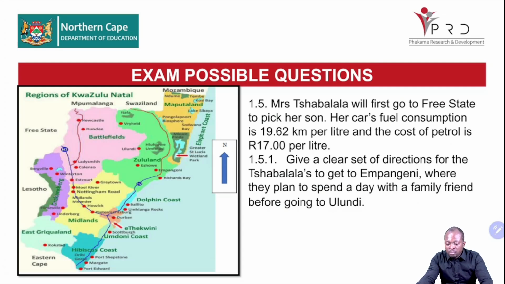1.5. Mrs. Chabalala will first go to Free State to pick her son. Her car's fuel consumption is 19.62 kilometers per liter, and the cost of petrol is 17 rand per liter. 1.5.1. Give a clear set of directions for the Chabalalas to go to Empangeni, where they plan to spend a day with a family friend before going to Ulundi.